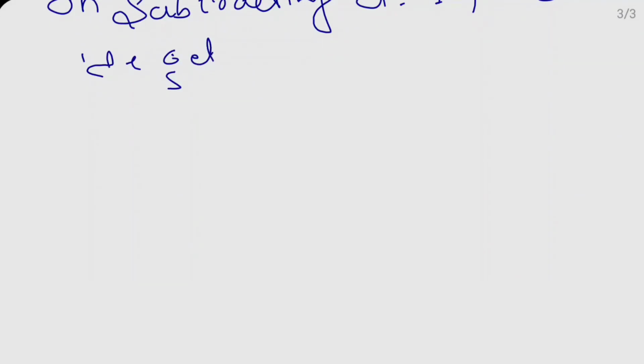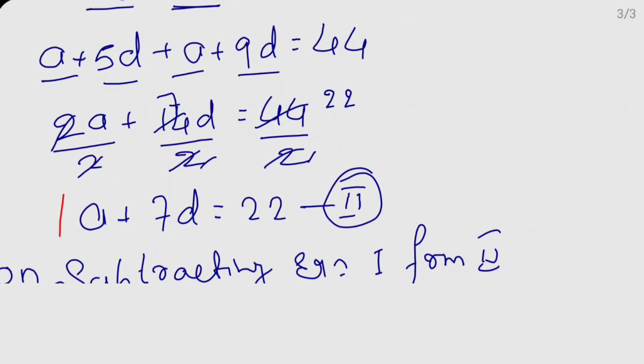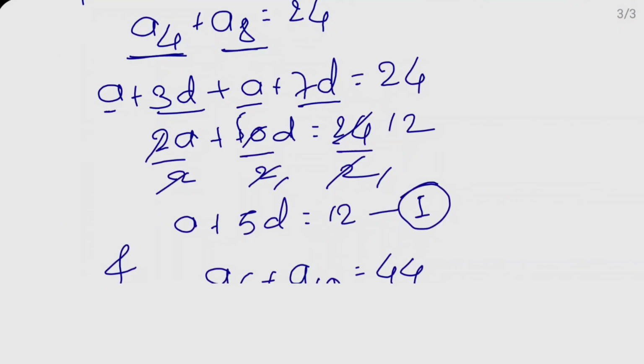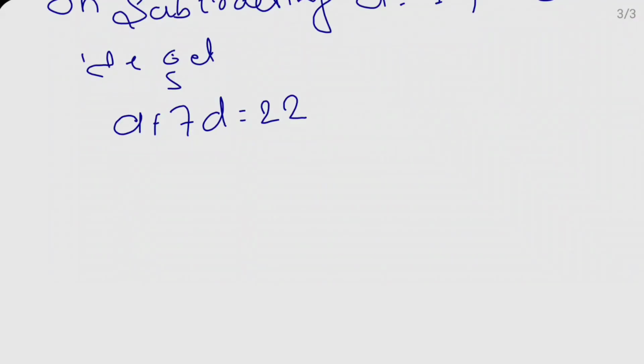So what is equation 2? So look at here, the equation 2 is a plus 7d equal to 22. And what is equation 1? Look at here. Equation 1 is a plus 5d equal to 12.